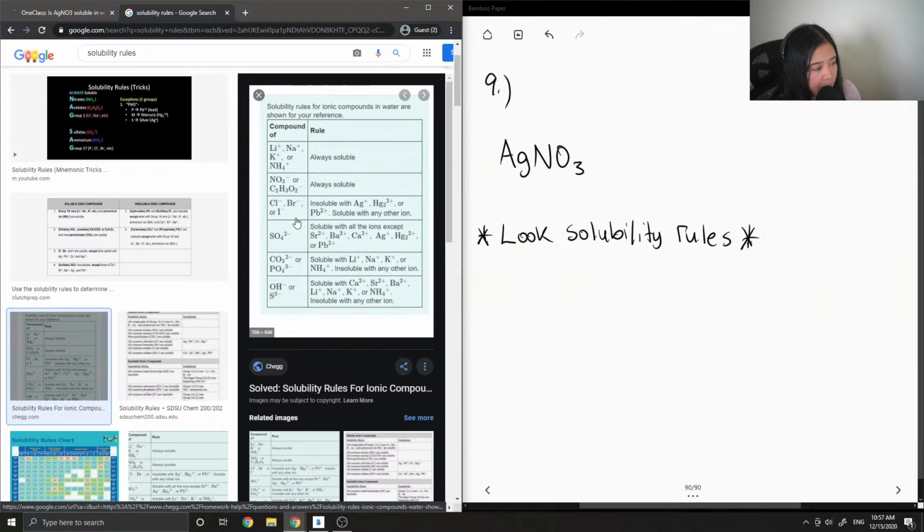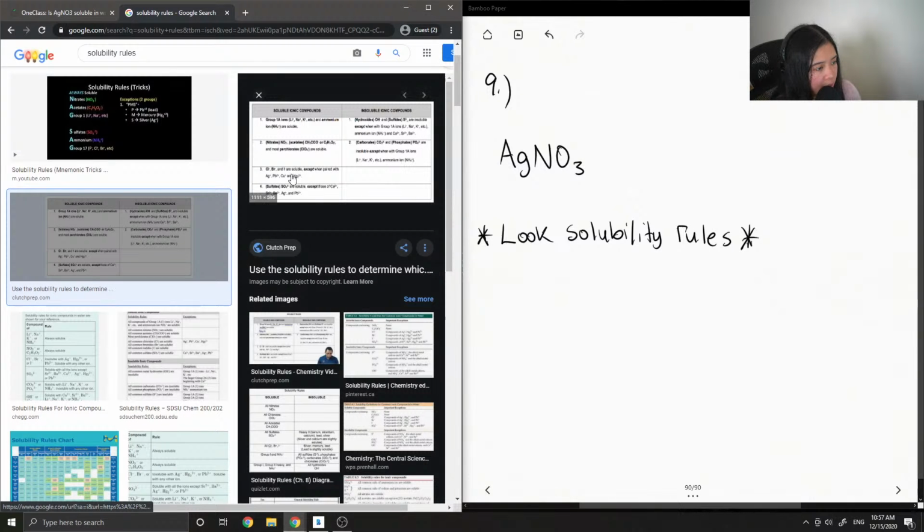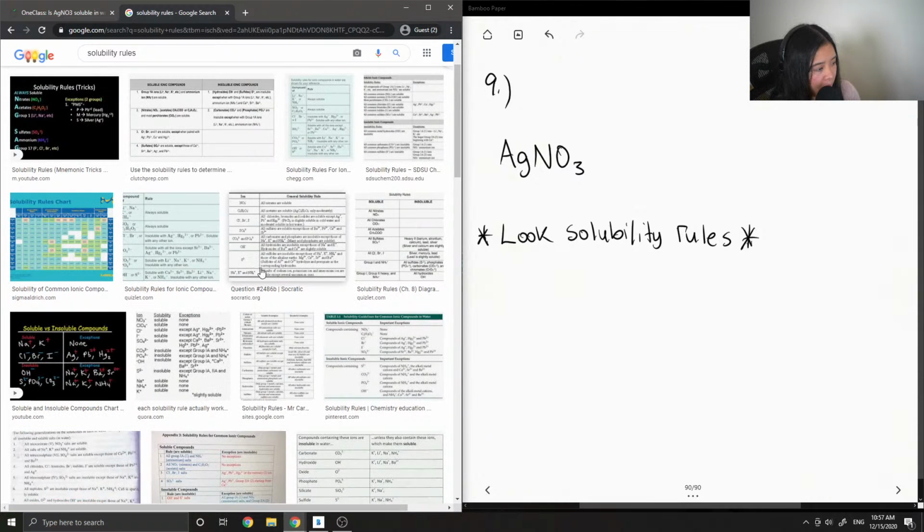For example, chlorine, bromine, and iodine are insoluble with silver, mercury, and lead, and soluble with any other ion. SO4 is soluble with all ions except this whole list. CO3. So this table doesn't have the NO3 that we're looking for, so let's use a different one. It's kind of blurry.